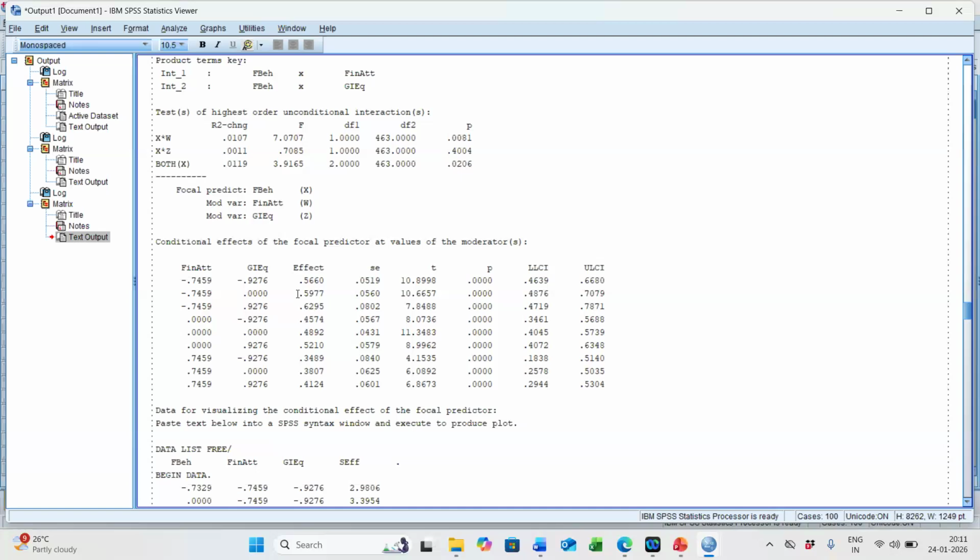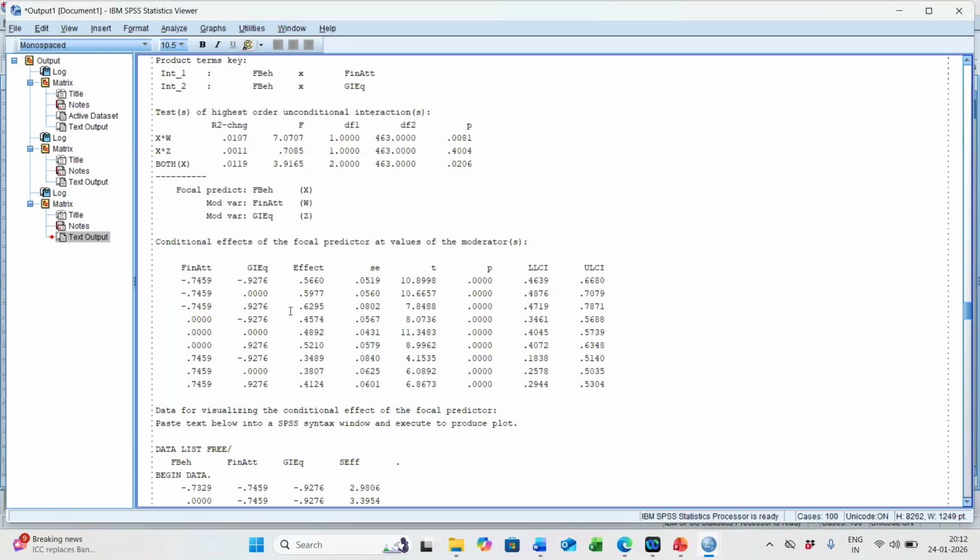That means, as the value of gender equality increases at the lowest level of financial attitude, which means a negative financial attitude, the effect of behavior on financial self-efficacy is being increased.